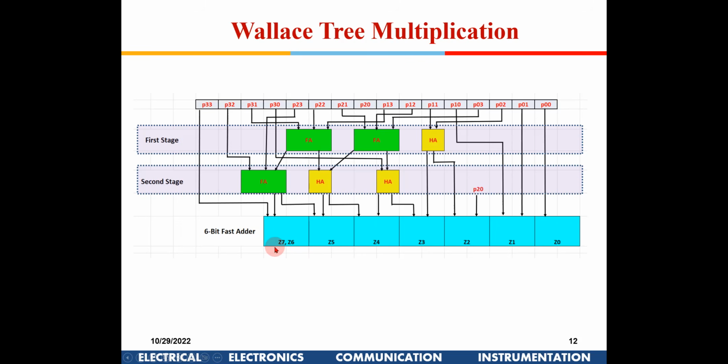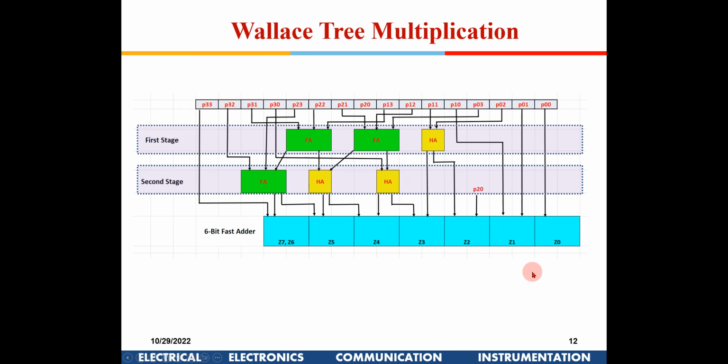No, there will be total 7. This will be sum as well as carry. Total 4 into 4 will give 8 bits, right? Yeah, that I understand. What's the question? No, this is a 6 bit fast adder.